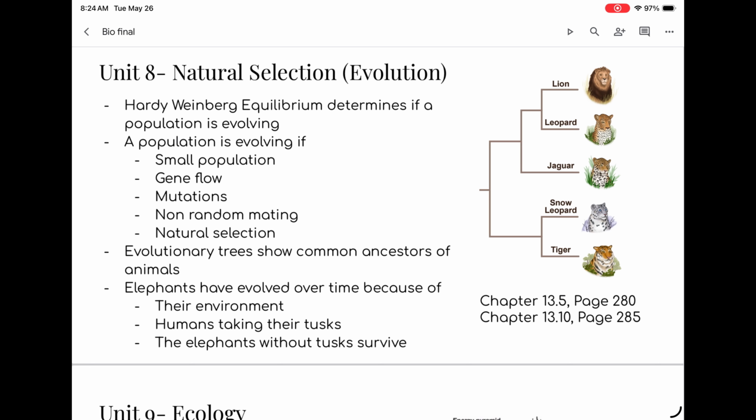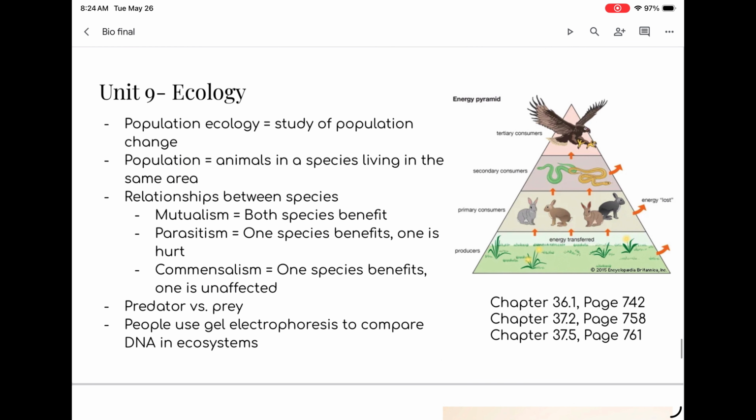Unit 9, Ecology. Population ecology is the study of population change. A population is a bunch of animals in a species living in the same area. Relationships between species: mutualism is when both species benefit from each other.